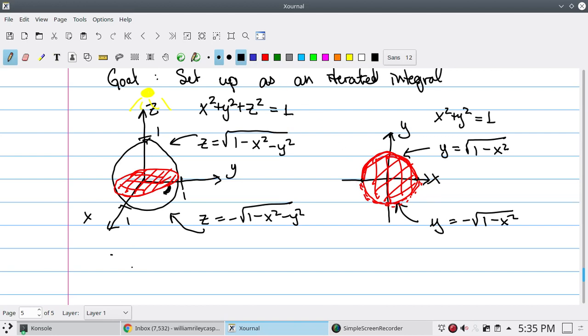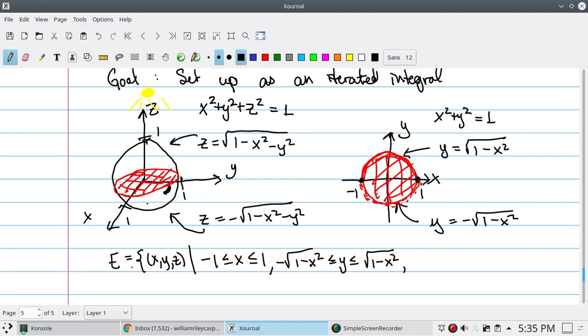So I can now write down a description of the set E. E is the collection of all triples x, y, and z such that, looking here, x is going between this point and this point. This is the point -1, and this is the point 1. If I'm looking at case 1, x is the one with the constant bounds, so x ranges between -1 and 1. And y ranges between this lower curve and this upper curve, so y goes between minus the square root of 1 minus x squared and the square root of 1 minus x squared.